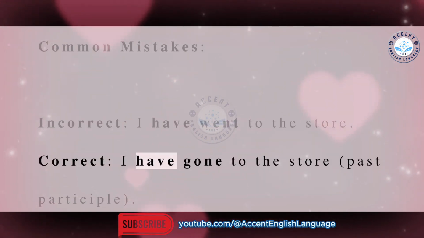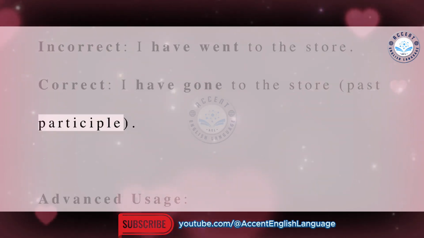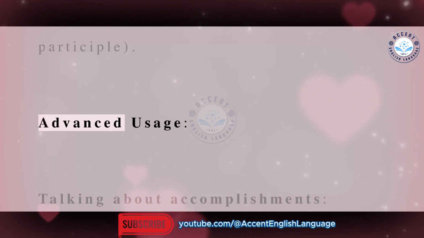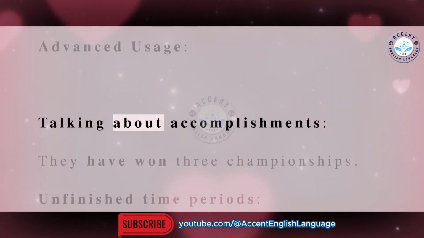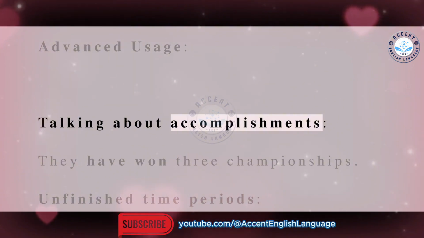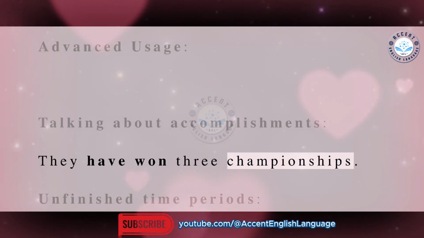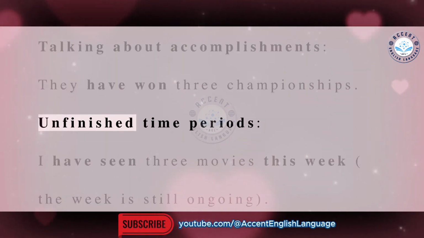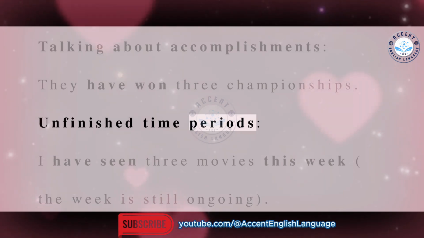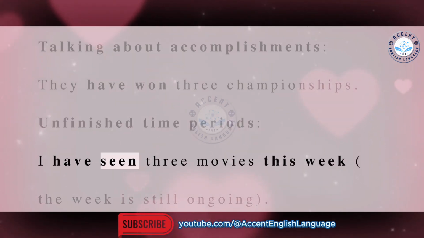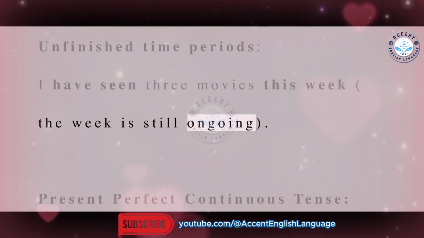Correct: I have gone to the store, past participle. Advanced usage. Talking about accomplishments. They have won 3 championships. Unfinished time periods. I have seen 3 movies this week. The week is still ongoing.